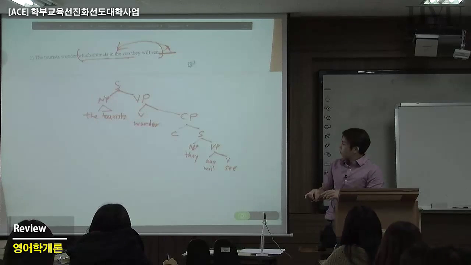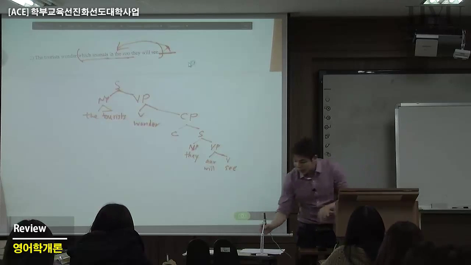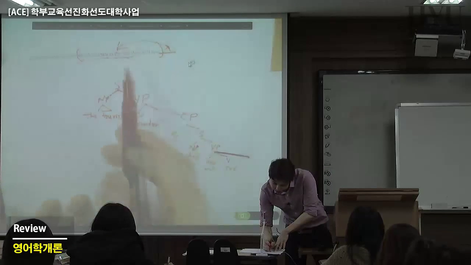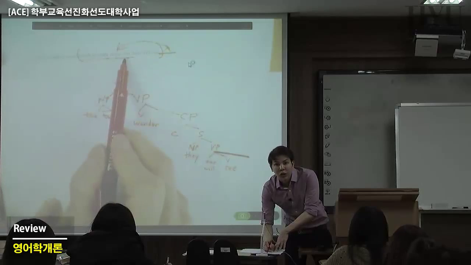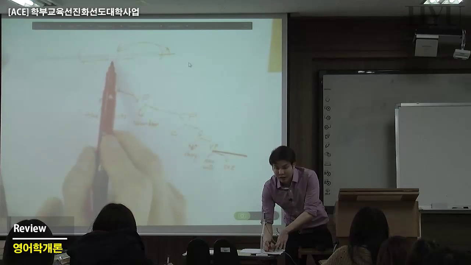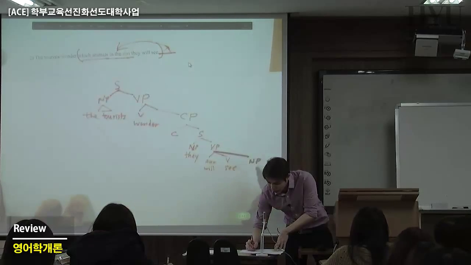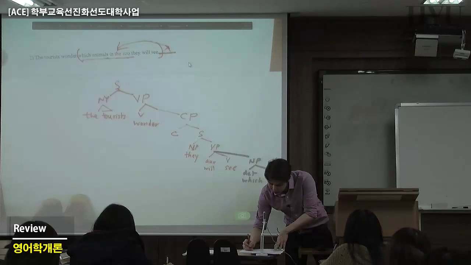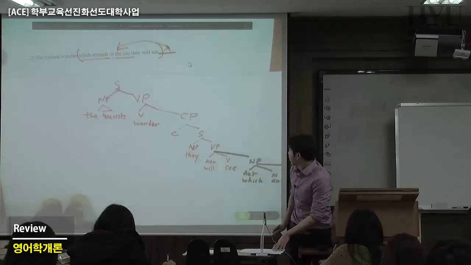Now what's left is to indicate the object of see. See what? See which animals in the zoo. That is what we call a noun phrase, isn't it? We have the determiner which, and then animals, and then a PP, like in the zoo.